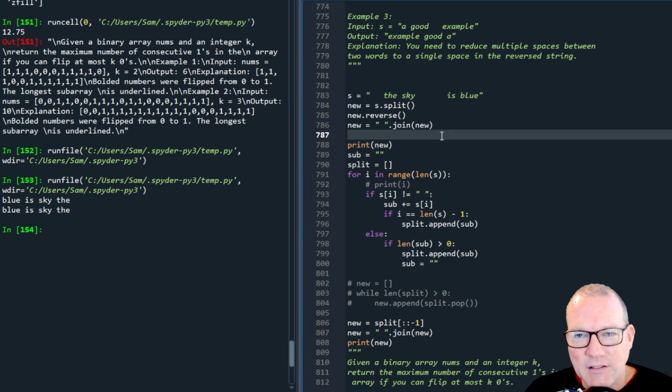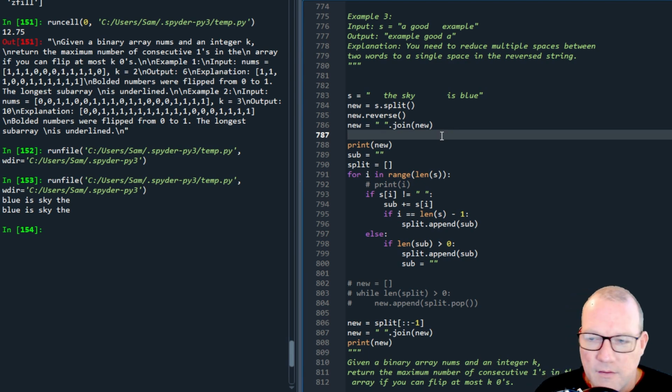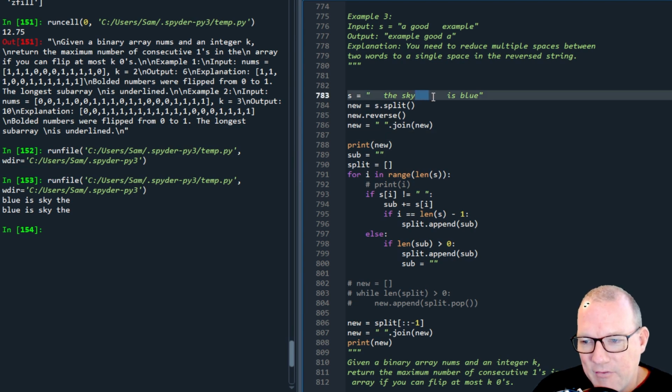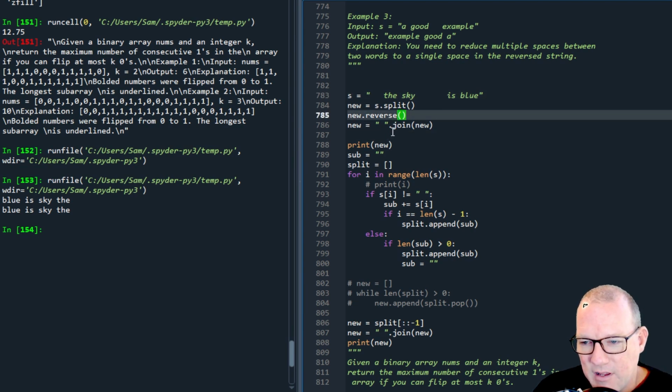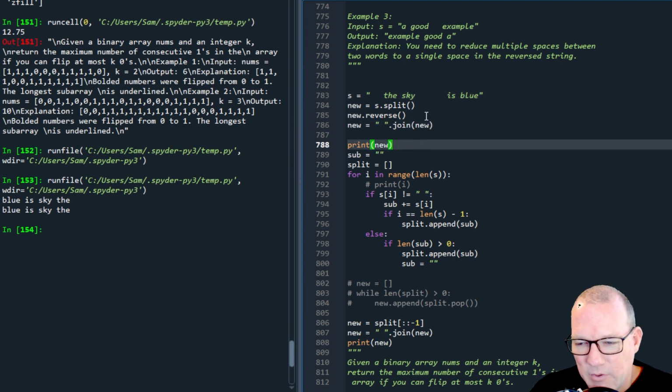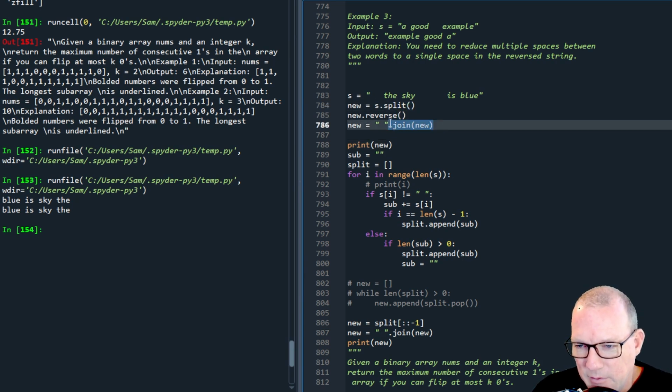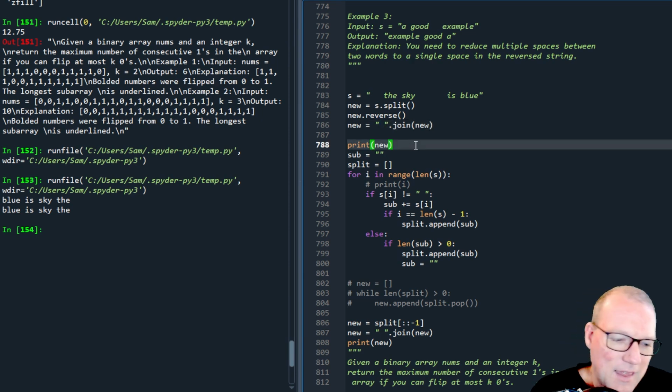It was basically reverse the order of words in the string, and if it had multiple white spaces, to then only have one white space. So we had this technique where we went through and we split it, we reversed it, then we rejoined it with a single space.